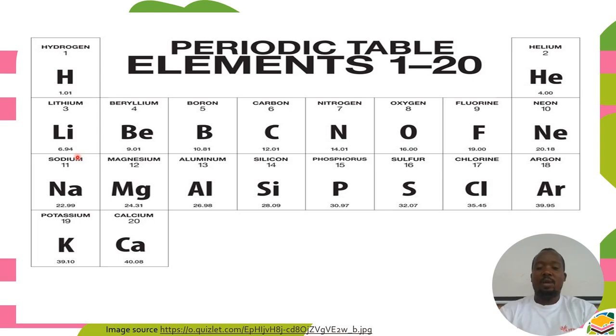How many elements do we have in period number 2? Yes, there are 8. Period number 3, 8 again. Period number 4, 2. Can you name them? Potassium and calcium. Good.